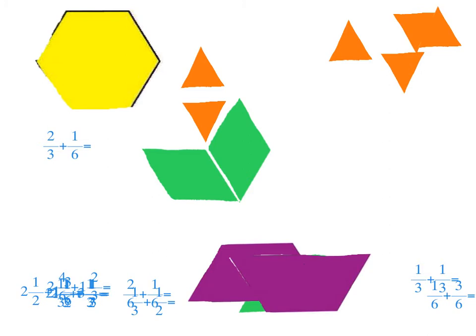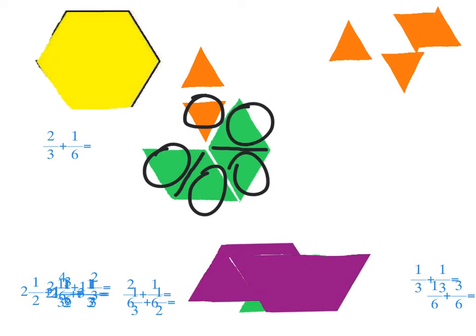So again, if I divide this up as it would be all triangles, this would be 1, 2, 3, 4, 5 triangles. So my answer to that problem would be 5/6.